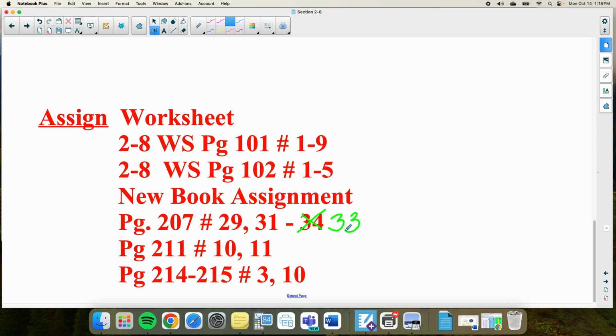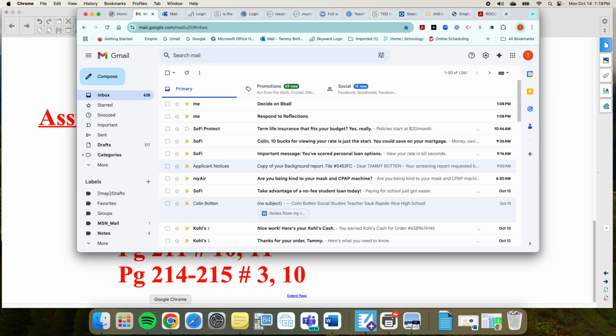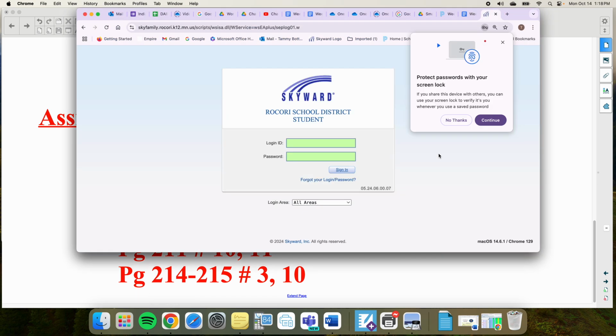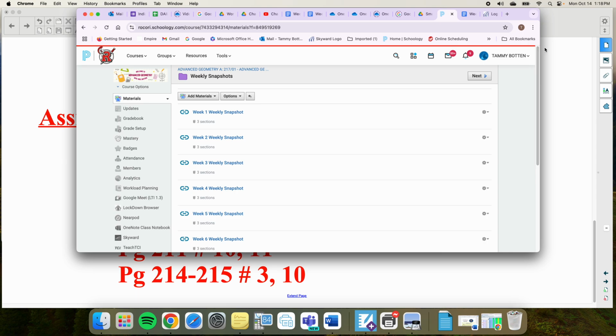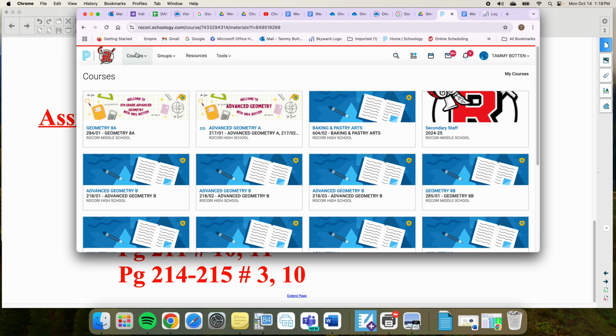So now let's all go on your MacBooks. You don't have to copy that down. And let's go to Schoology. Make sure you're logged in to your Google Drive, okay? And then go to our course.